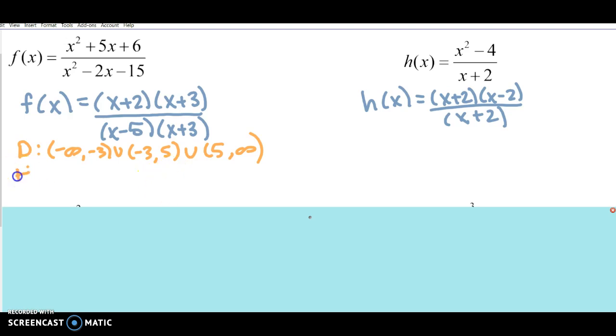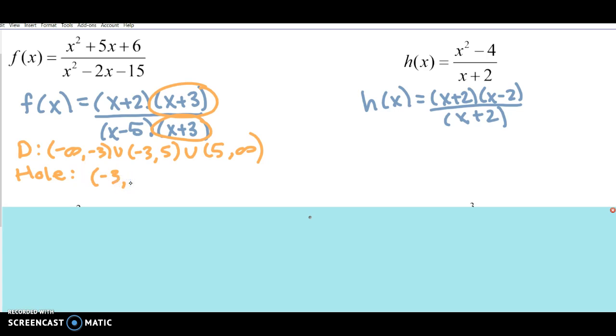Next thing that we're looking for is the hole. Look at your two factors that are going to cancel out. Remember, we talked about that removable discontinuity where it doesn't exist, there's a 0 in both the numerator and denominator. So the hole has an x value at -3.